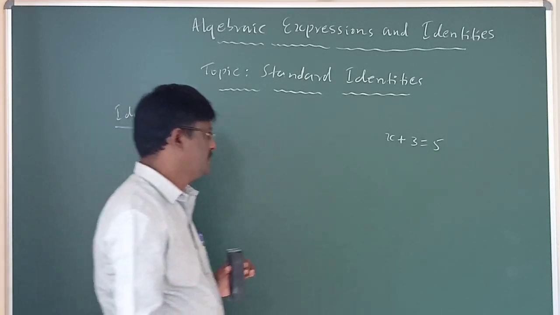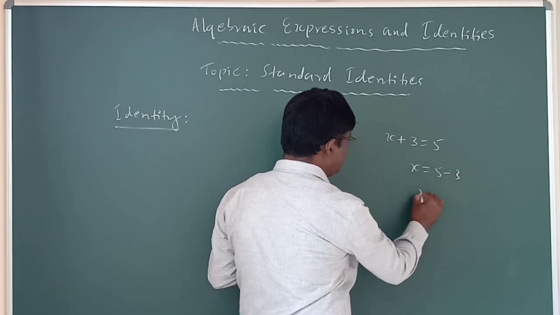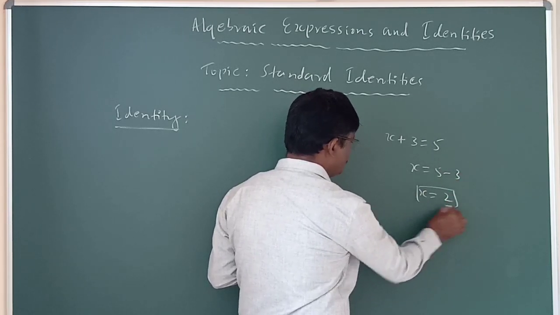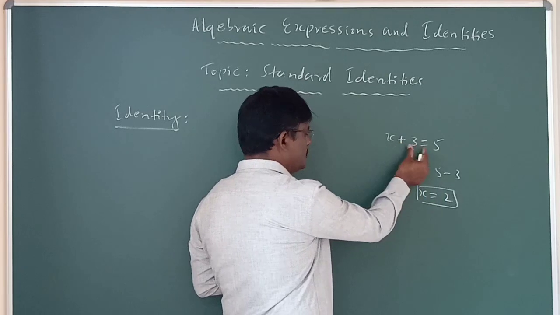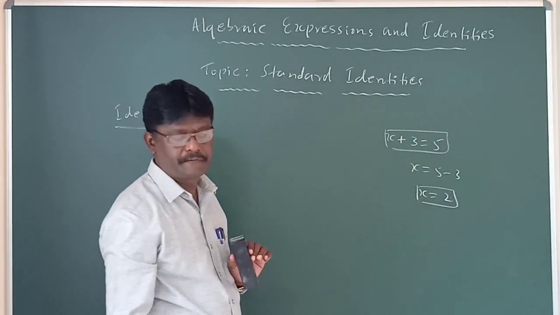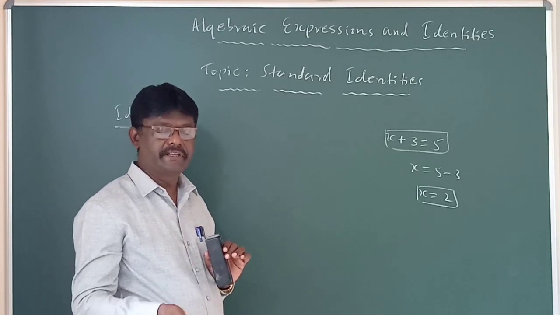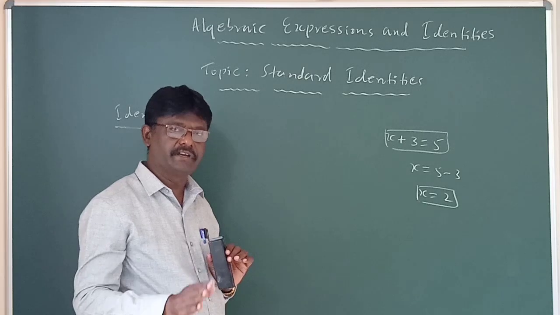This statement is true when x equal to 5 minus 3, that means x equal to 2. When x equal to 2, this is true. Such equalities we say are equations.